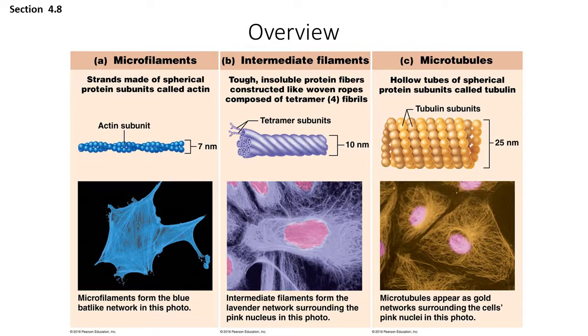Microfilaments, strands of spherical subunits called actin. Intermediate filaments that are tough, insoluble protein fibers that are constructed like woven ropes composed of tetramer fibrils. And hollow tubes of spherical protein subunits called tubulin, or microtubules.